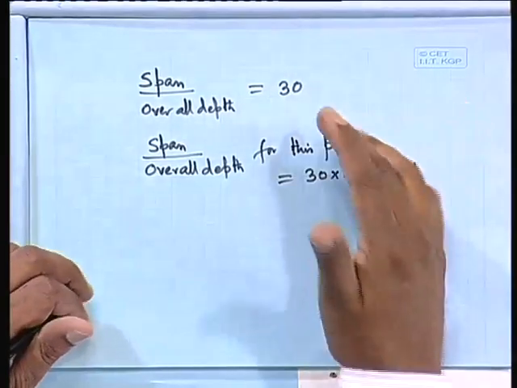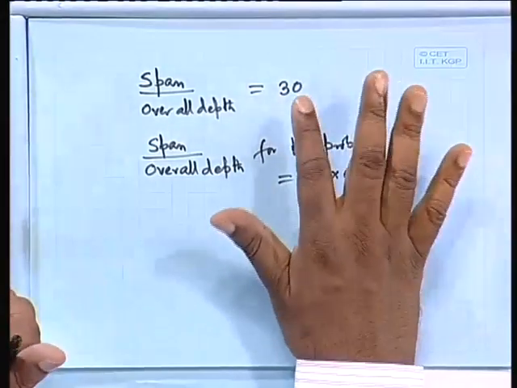So 3 kilonewton per square meter and 3.5 meter. In our case I do not know whether this value will help me, that is why I am going say 30.